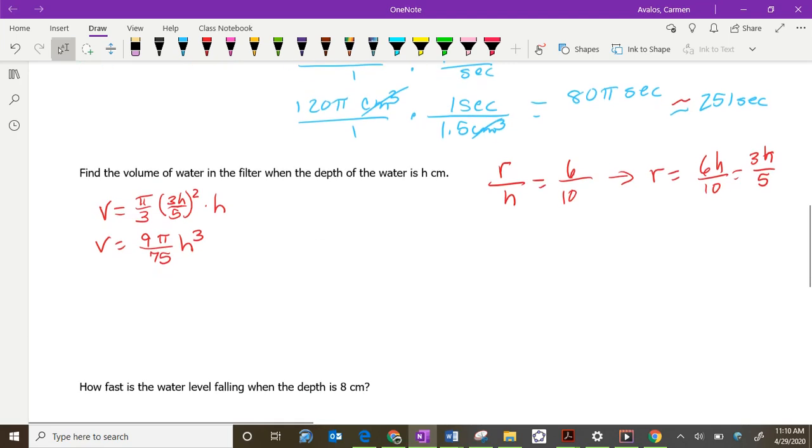And so that actually reduces to 3 pi over 25 H cubed.